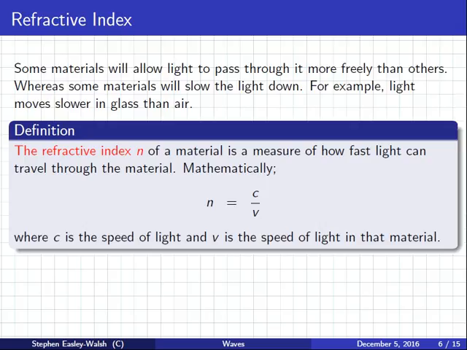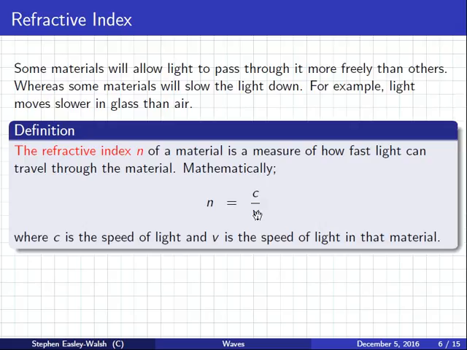Now, if we look at the n carefully, will it be bigger or smaller than 1? Think carefully. Is the v bigger or smaller than c? Smaller. So how can it be less than 1 if it's smaller? Hang on.